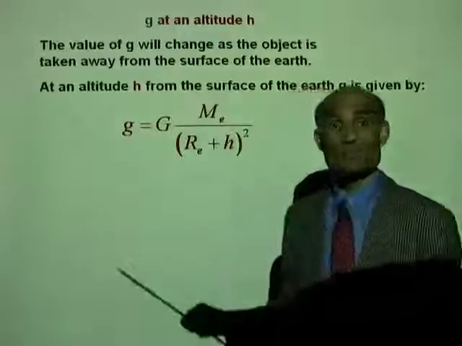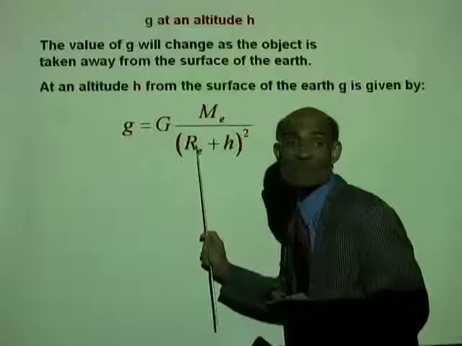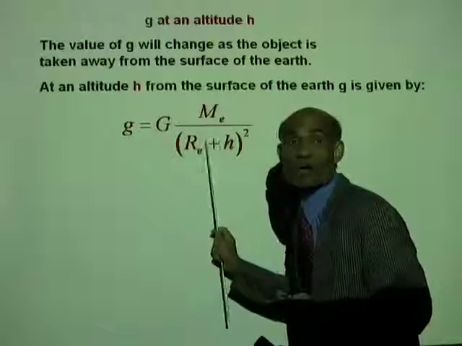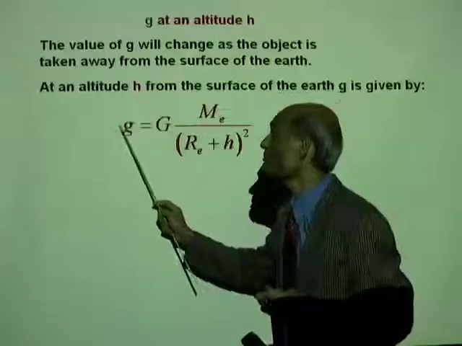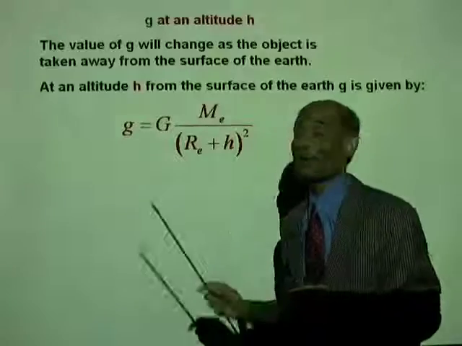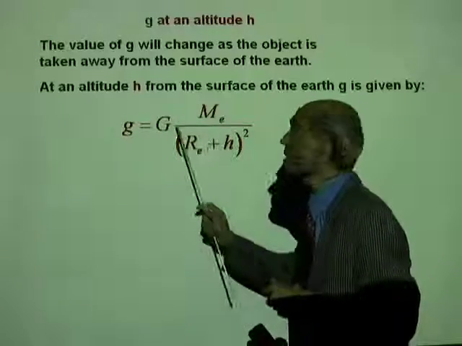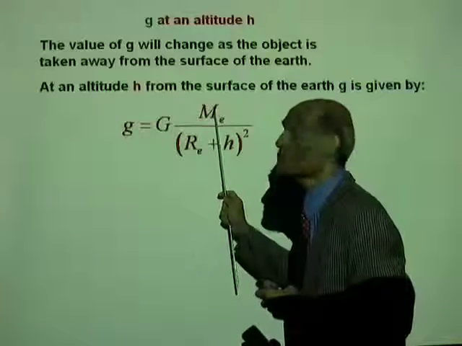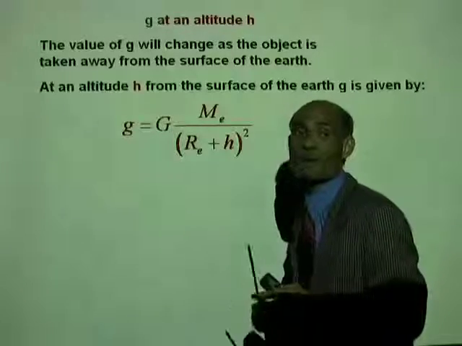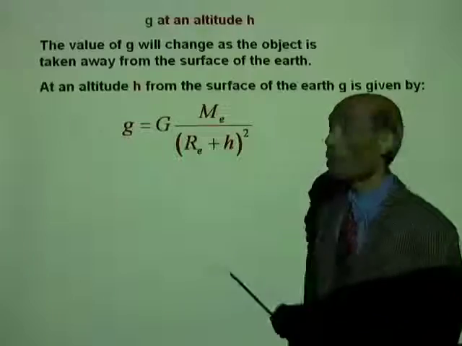Is that right? So we will replace the radius of the Earth now with the radius plus the altitude. So the value of g at an altitude h will be the universal gravitational constant times mass of the Earth divided by RE plus h all squared.